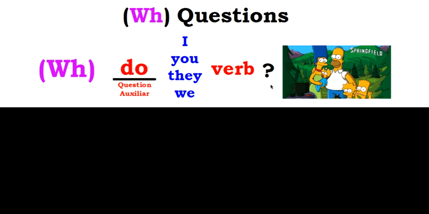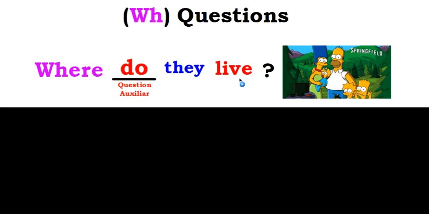So for example, where do they live? The question word, the auxiliary, do, my subject, they, and the verb, live. Where do they live? They live in Springfield.